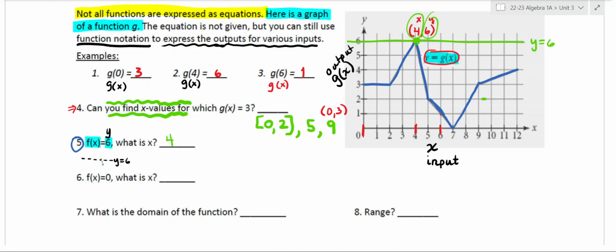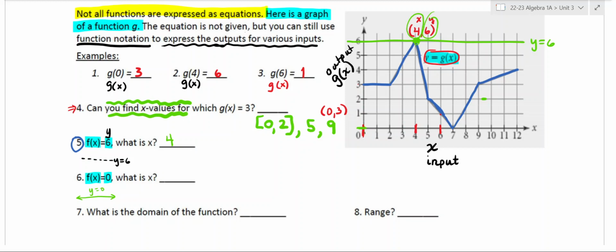Again, if the function is equal to 0, if f of x equals 0, what is x? So we're looking for the horizontal line where y equals 0. Well, y equals 0 right here, right?